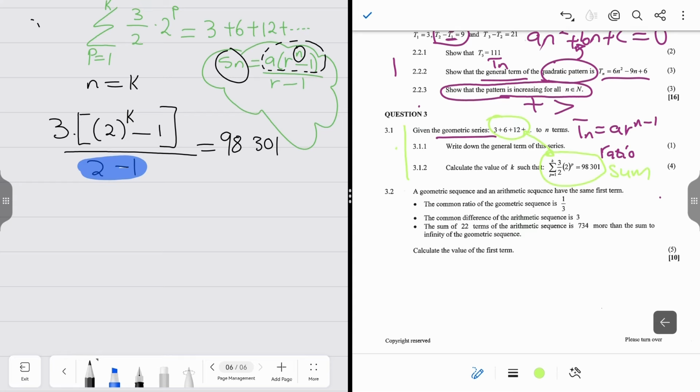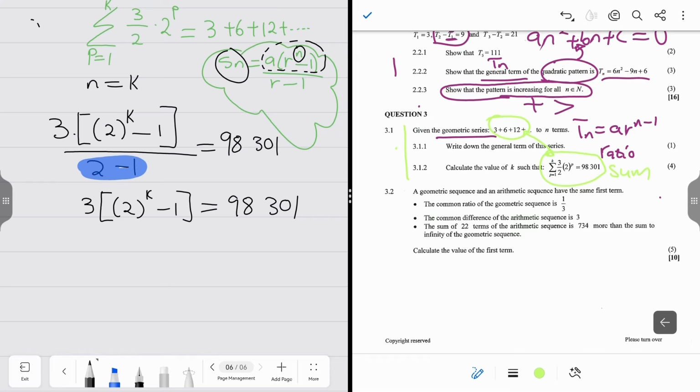So let's multiply in and see. Let's write it properly: 3 times (2 to the exponent k minus 1) equals 98,301. Then we divide both sides by 3 so that the 3 has moved.